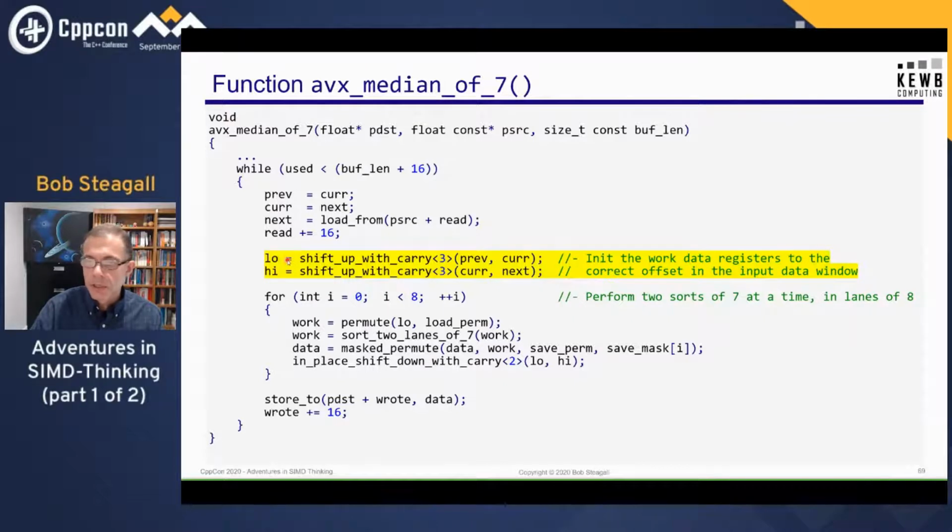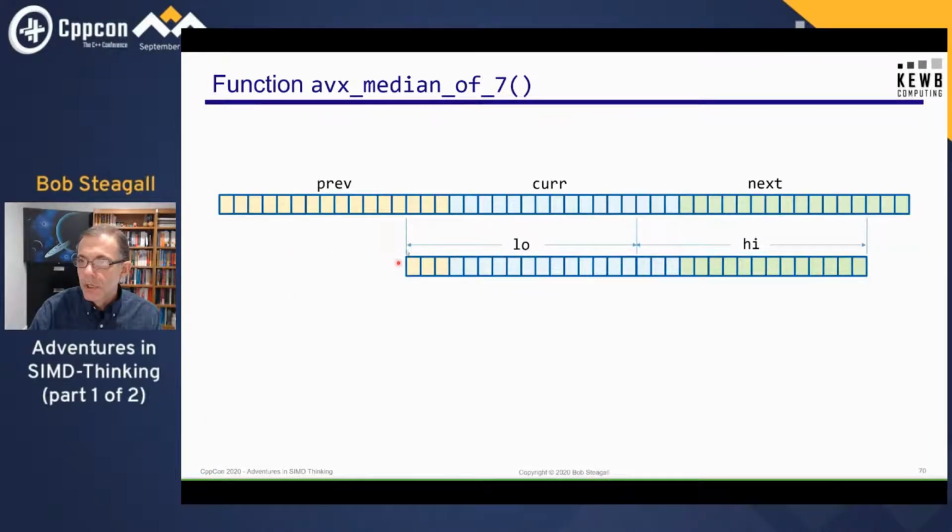So let's see what that looks like. In effect, I've taken previous and cur, and I've moved it to the right by 3. And this is how I've loaded the initial values of low. So low and high, and high does the same thing except for cur and next. Low and high are shifted to the left by 3 elements relative to cur and next.